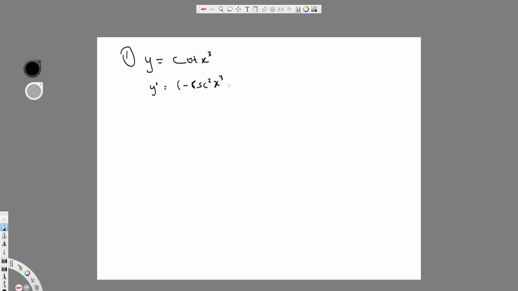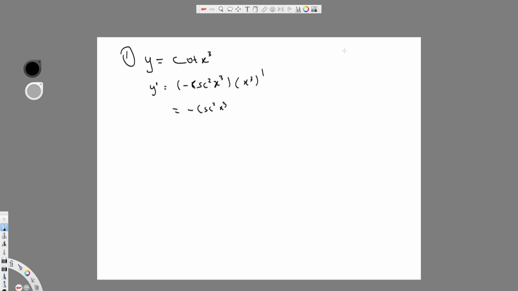So this is going to be the derivative of cot x cube inside, and outside I have to take the x cube alone and find the derivative of that. Finally it comes out to be minus cosec square x cube. The derivative of x cube is going to be multiplied in front of this.